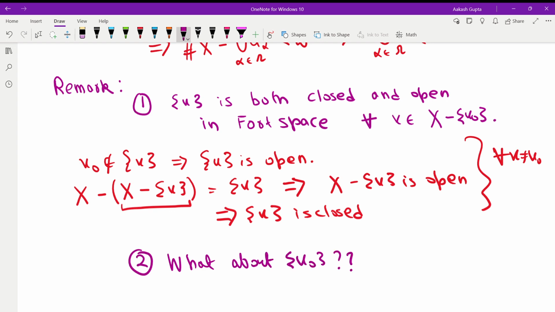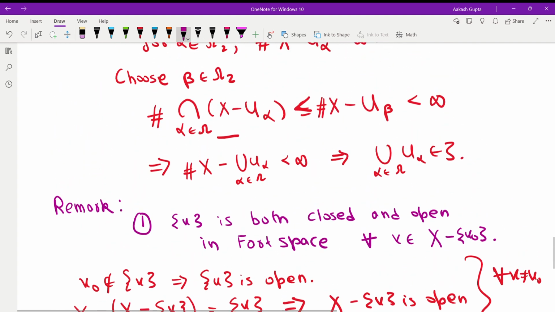What about singleton x naught? What can you say about this? Is it closed? Is it open? Or is it none of them? I mean, there can be various situations. So you can verify this thing.